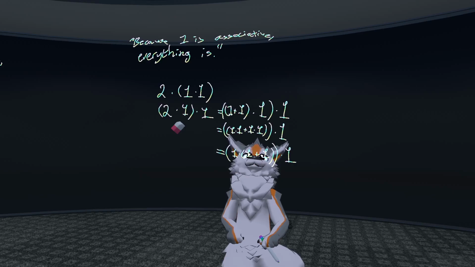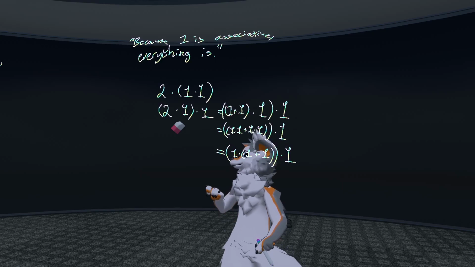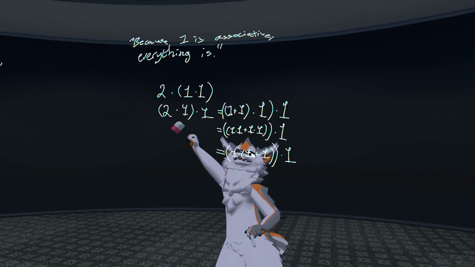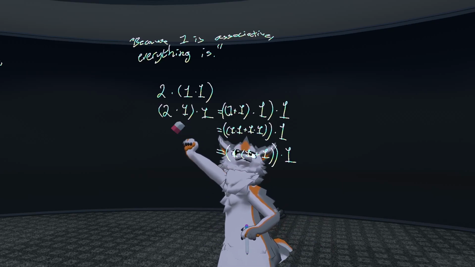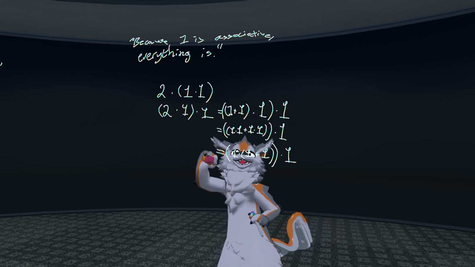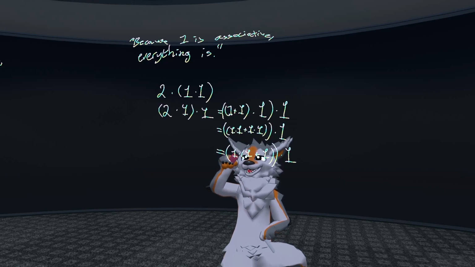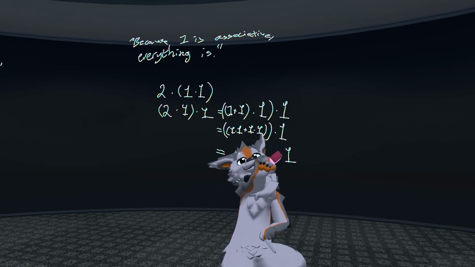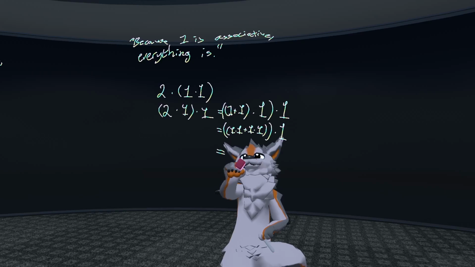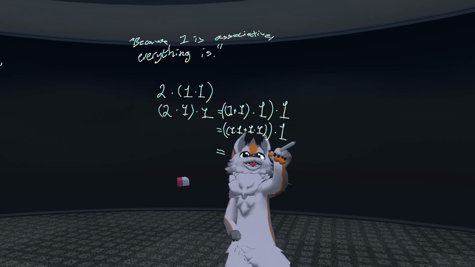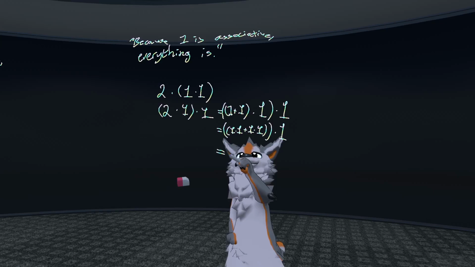Hold on. Maybe let's use right distributivity again, actually. There's some trial and error, right? So we want to use right distributivity here.